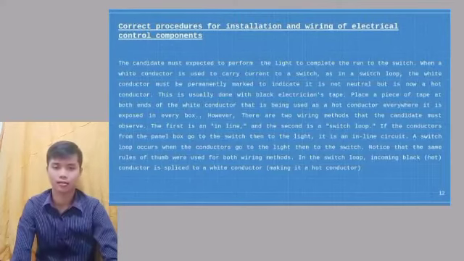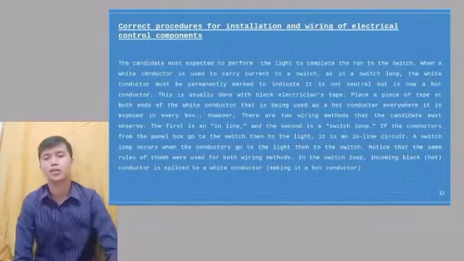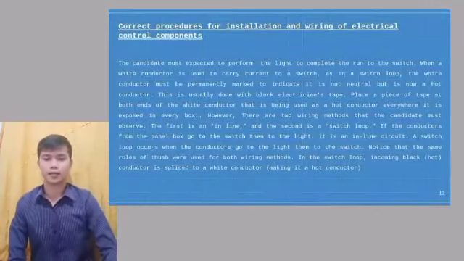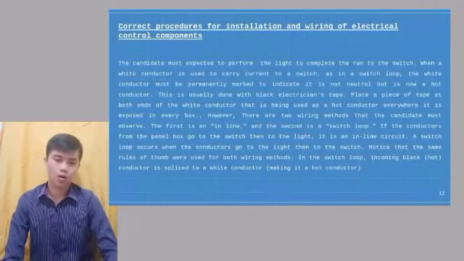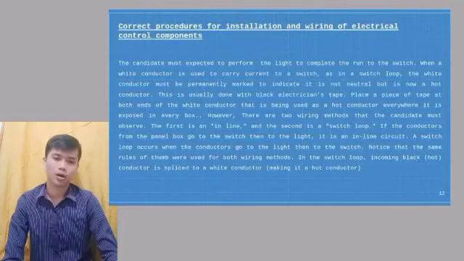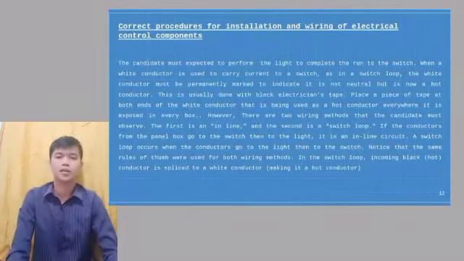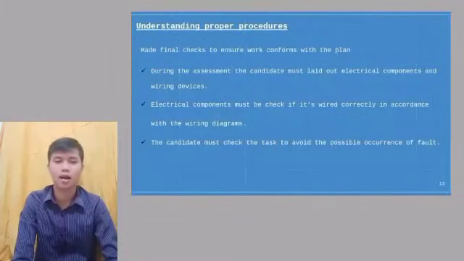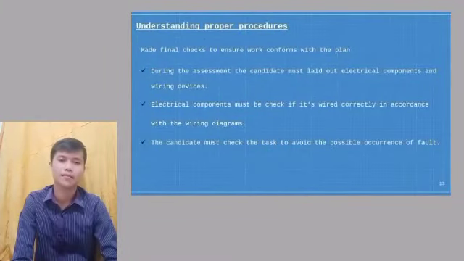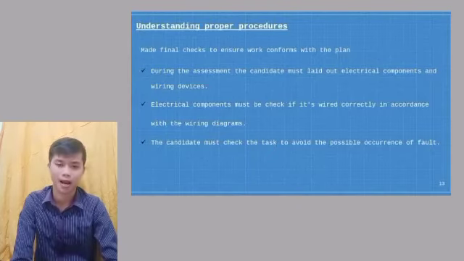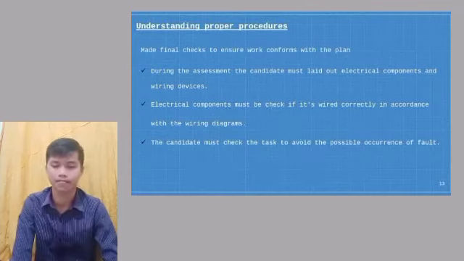One of the things that the candidate must do is to check and ensure the work conforms with the plan. During the assessment, the candidate must lay out some components and devices for safety, and the electrical components must be checked if they are wired correctly in accordance with the wiring diagram.